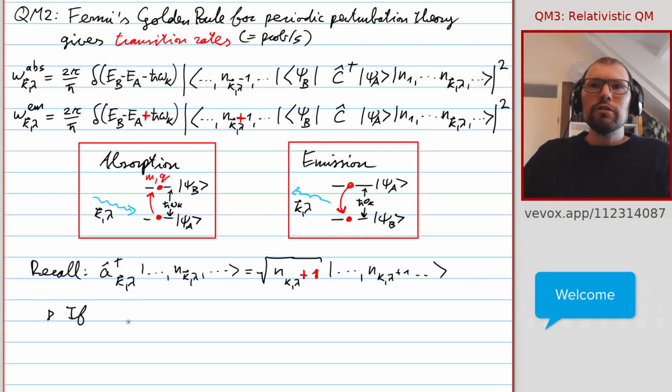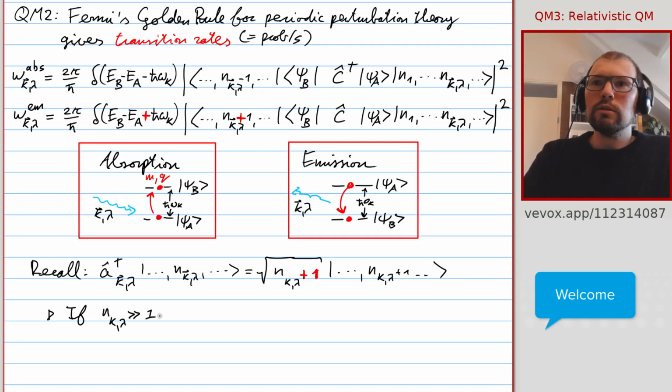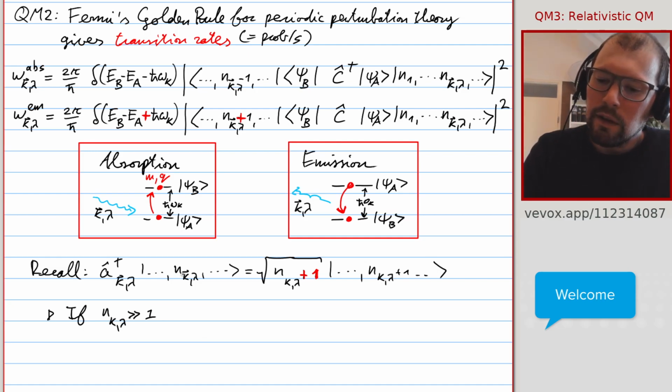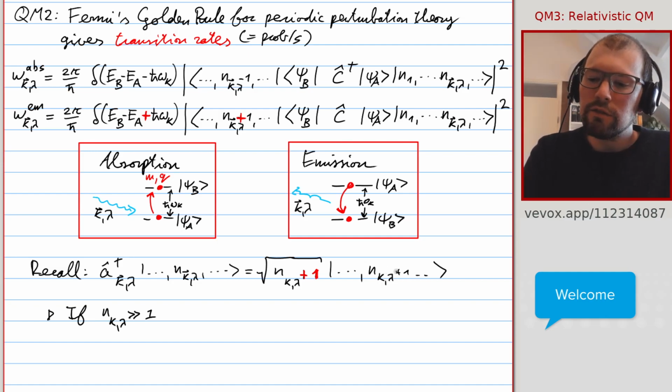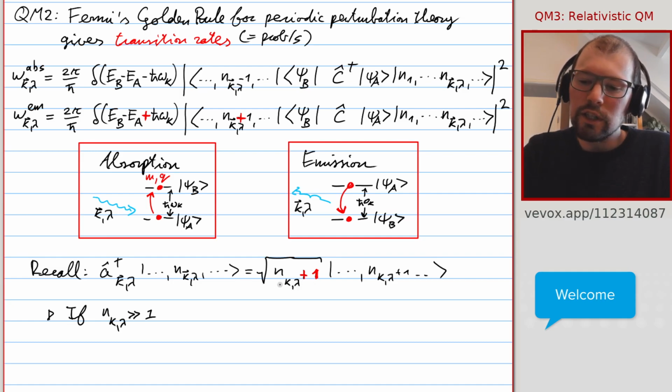If you have many, many photons, so if n_kλ is much larger than 1, then these two states on the left and right hand side are pretty much similar. You cannot distinguish them. So really, this creation operator is like multiplying by the square root of n. Also, if n is very large, then there is hardly any difference between the square root of n plus 1 and the square root of n.